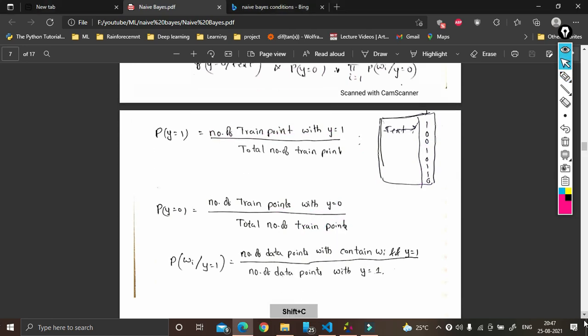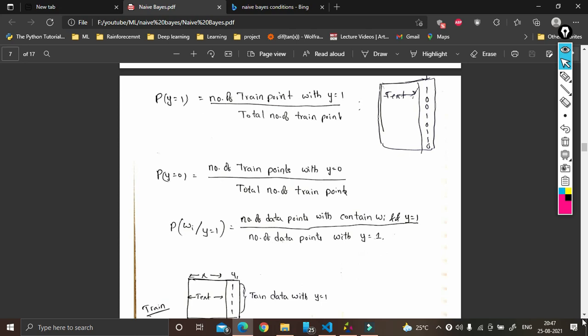Now, the probability of w1: what is it? It means the number of points that contain word w1. Here we have text data, and the text data has words.